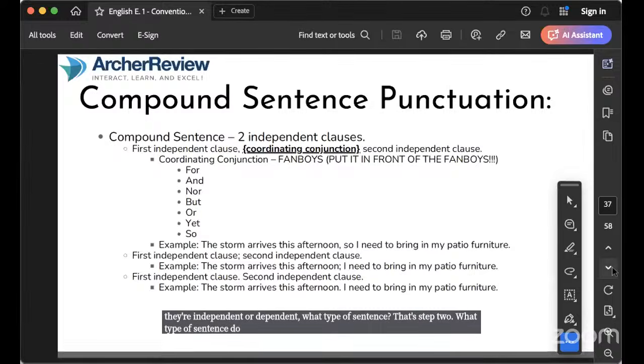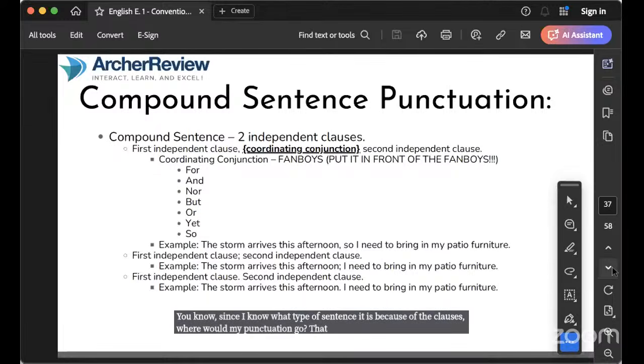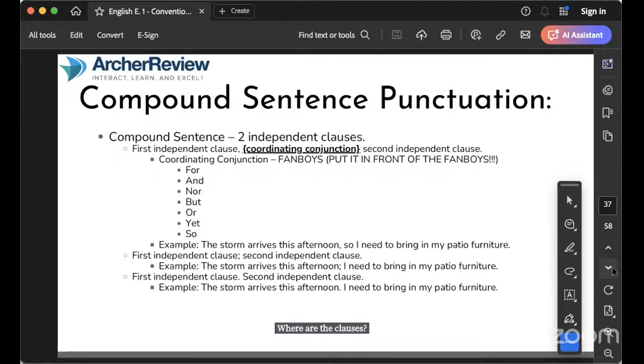Well, then you have to look and say, okay, based off where the clauses are located within the sentence, and since I know what type of sentence it is because of the clauses, where would my punctuation go? That's what they're testing you on here. It's 3 steps to be able to get that final answer. Where are the clauses? Once you find the clauses, what type of sentence it is, and where are the clauses in that type of sentence to determine what punctuation is needed.